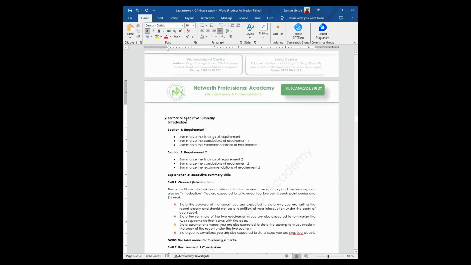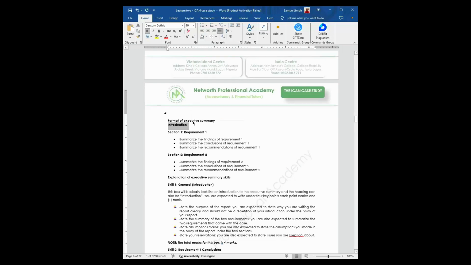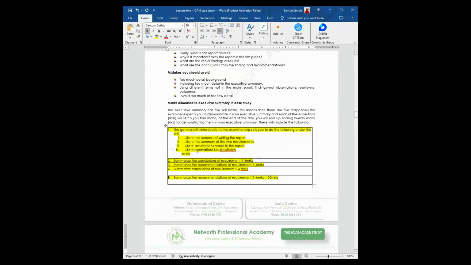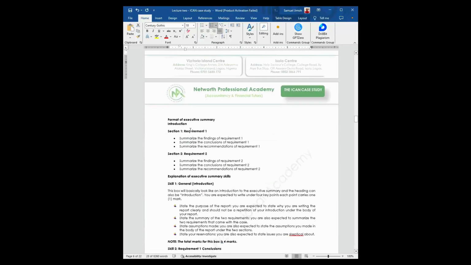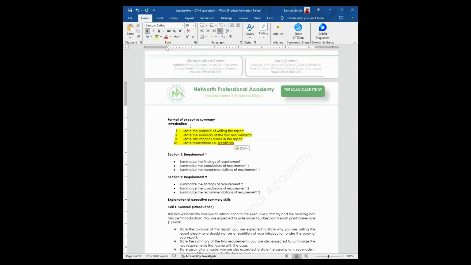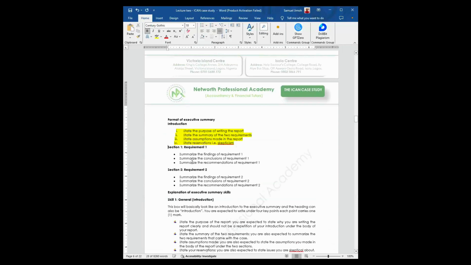You can see that this is the part for introduction, where you do these 4 things. Then you might have section 1 for requirement 1 under the executive summary.